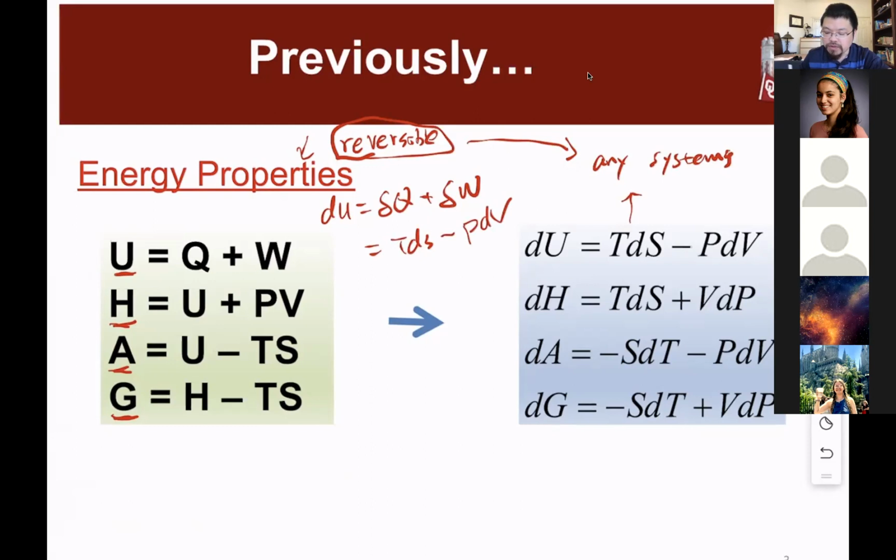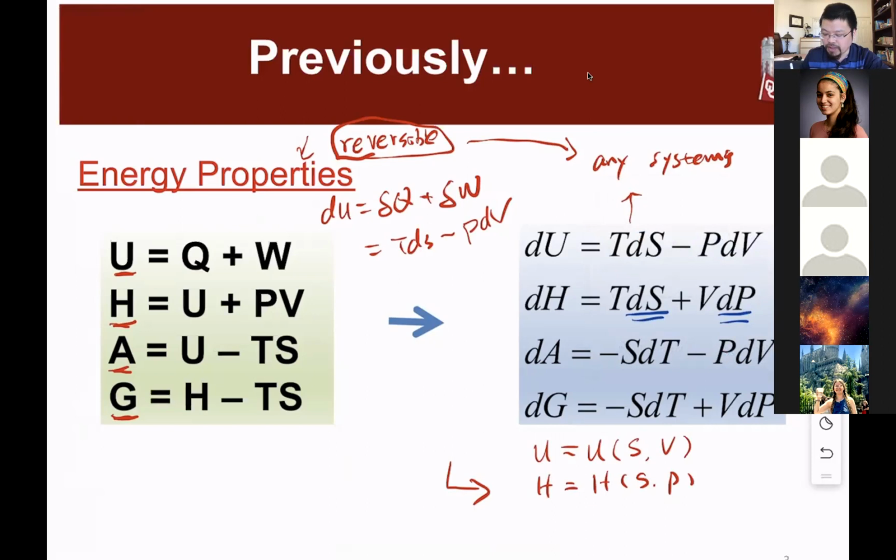So over here, there's one quick understanding. The internal energy could be expressed as a function of entropy and volume, and the enthalpy would be a function of S and P. This is from the math that the dH derivative is expressed in terms of dS and dP.